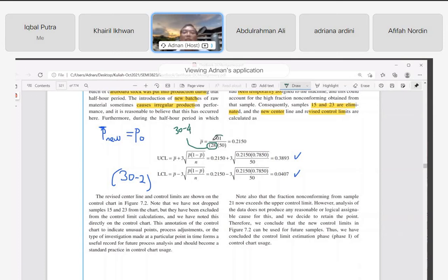And this one also has to be discarded. How many were outside just now? So you remove all the points associated with assignable causes, and you get a new center line and new control limits. This is applicable for all the charts, not only the P chart. So we discard all the points related to assignable causes and revise.